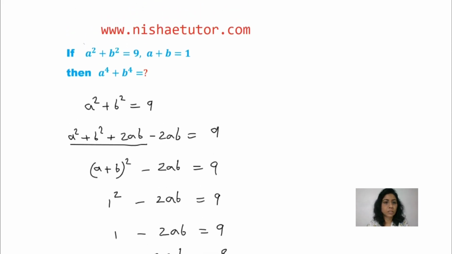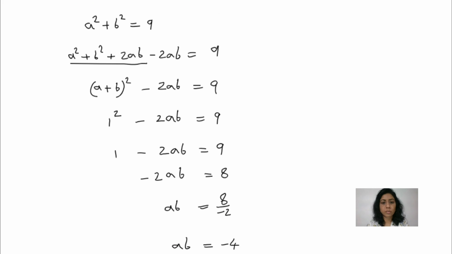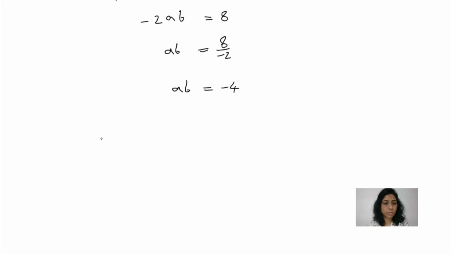Okay, the ab value is minus 4. Here we have to find out a to the power 4 plus b to the power 4. So can we write a square plus b square whole square? 2 times 2, 4.